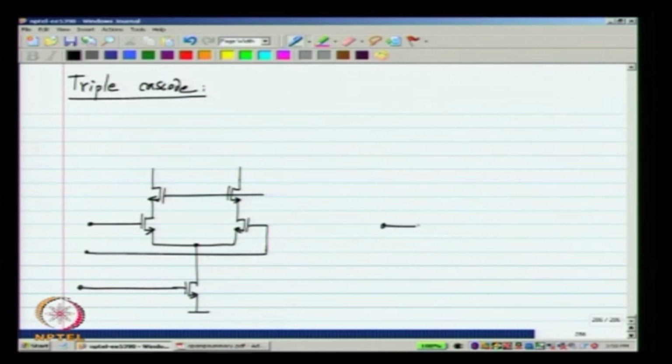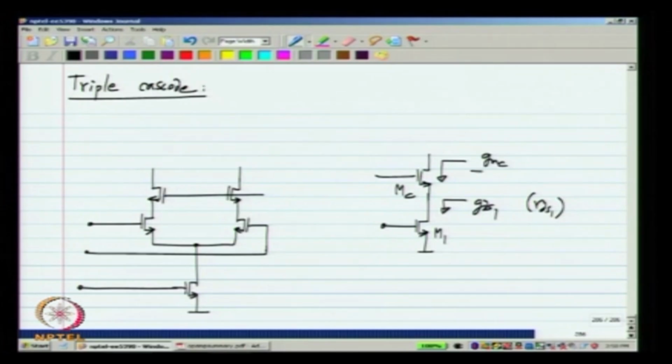Now, just to illustrate the principle, I will show also just a common source amplifier. Looking in here, let us say this is M1, I will have GDS1 as the output conductance or RDS1 as the output resistance. If I cascode it with MC, the output resistance will be GMC by GDSC times RDS1.